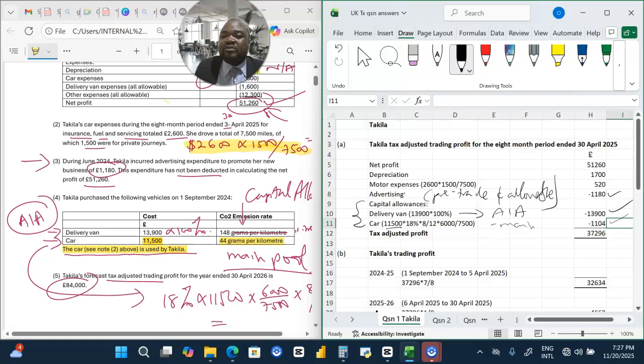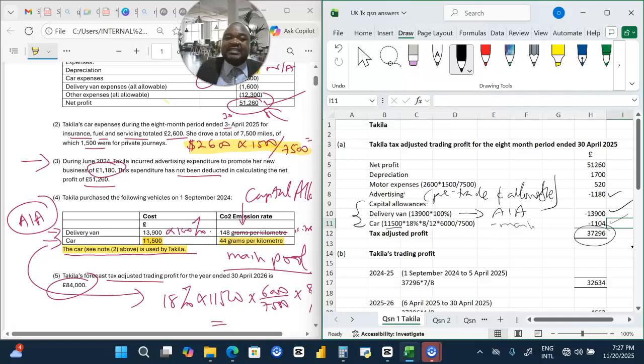So we do our computation, and we then come to the sum of £37,296. That's the tax adjusted profit. Ladies and gentlemen, you start with the net profit, do your adjustments, and then you arrive at the figure.